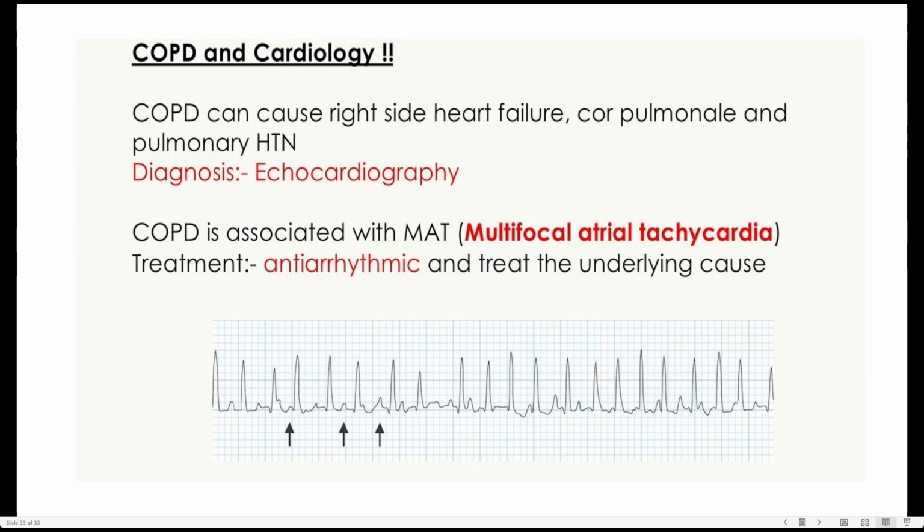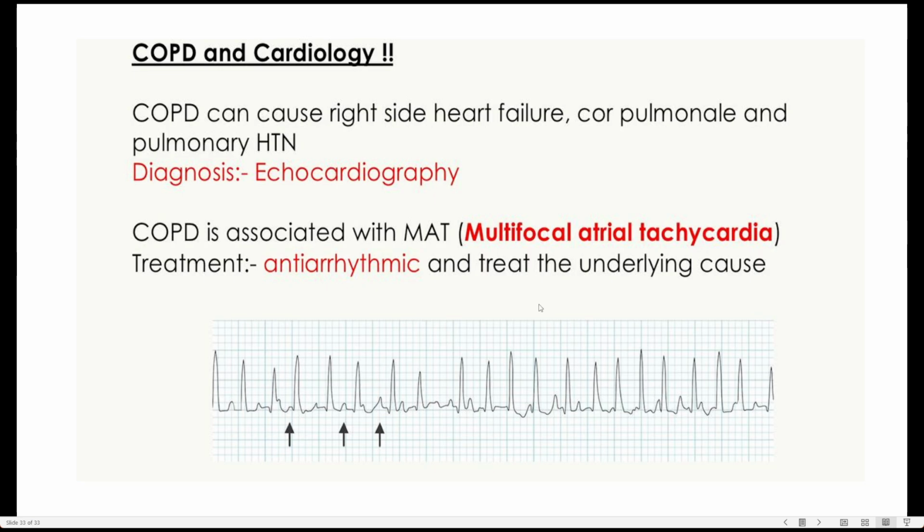All right? If a COPD patient comes to you with an irregular pulse, in which the ECG shows a supraventricular tachycardia, this is multifocal atrial tachycardia, which is a type of supraventricular tachyarrhythmia with an irregular pulse.